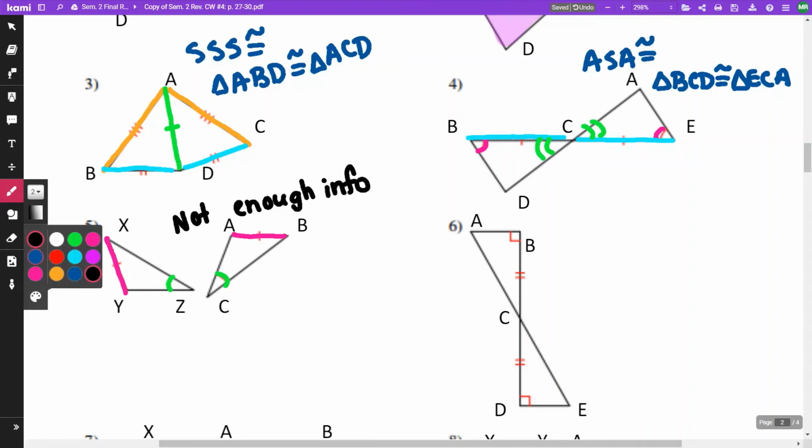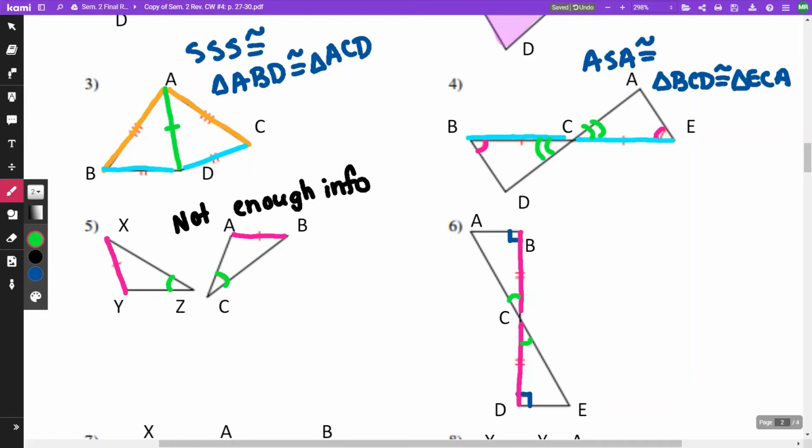On number 6, I do have a right triangle. Doesn't mean I necessarily have hypotenuse leg, but maybe I do. I do know that this side right here is going to be the same as this side right here. So I have an angle and a side in both of them. And then I do have vertical angles. This angle here and this angle here are going to be the same.